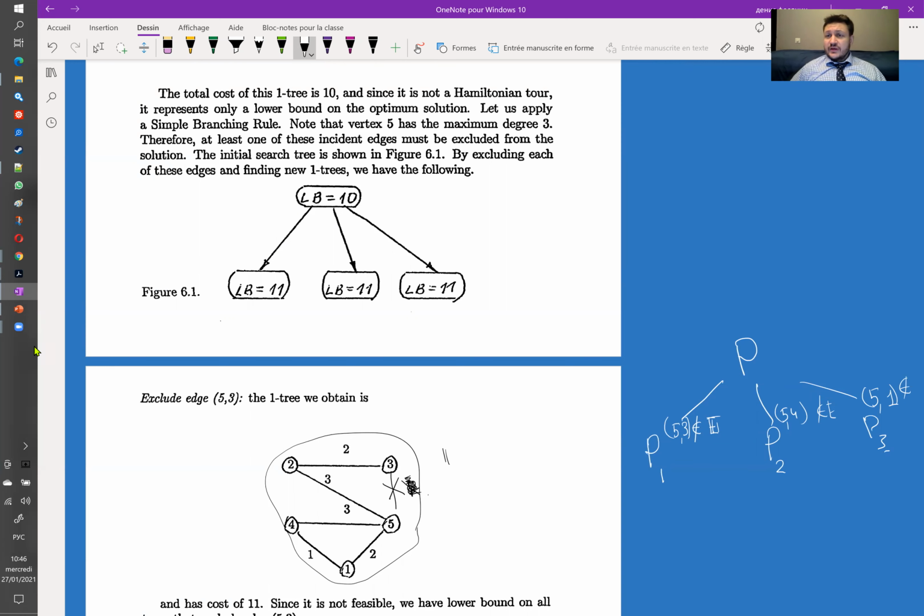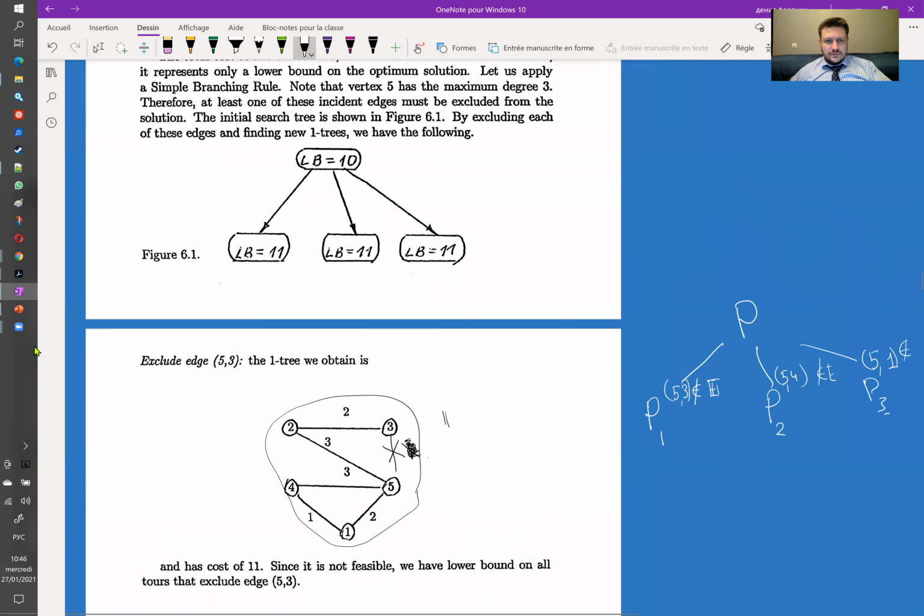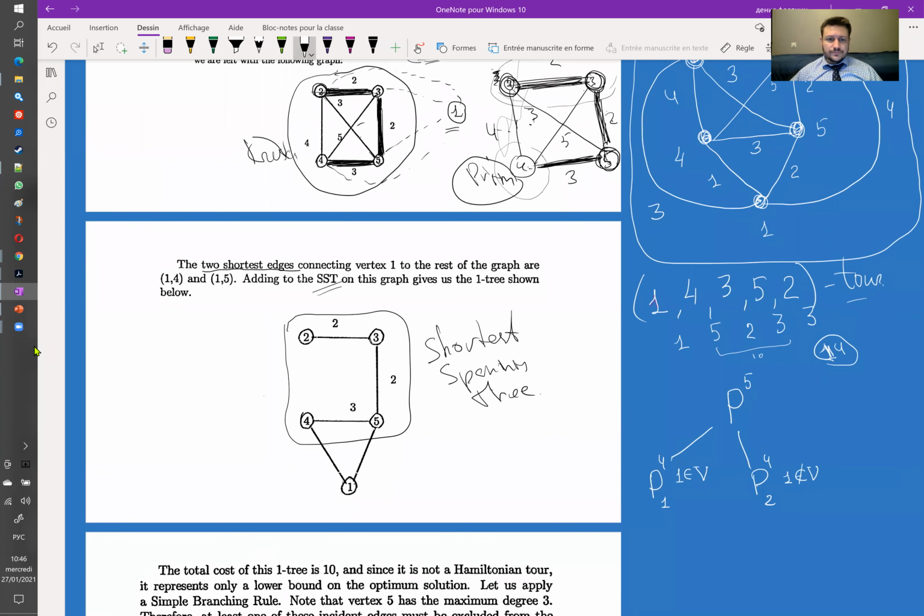Why do we do this? In our algorithm, we have created a graph, and we are going to start by excluding edges of the node which has the largest number of edges.